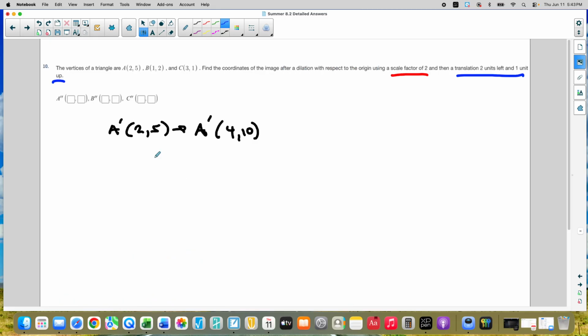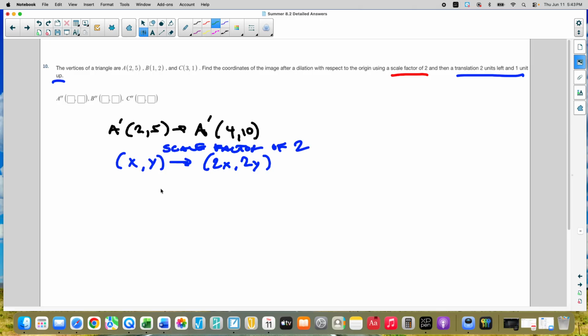And 10. So let's talk about that. Okay. So a scale factor, that's good, times 2 times 2. And now a translation. So for every x comma y, my A prime is going to be 2x comma 2y. And that's going to be a scale factor of 2.